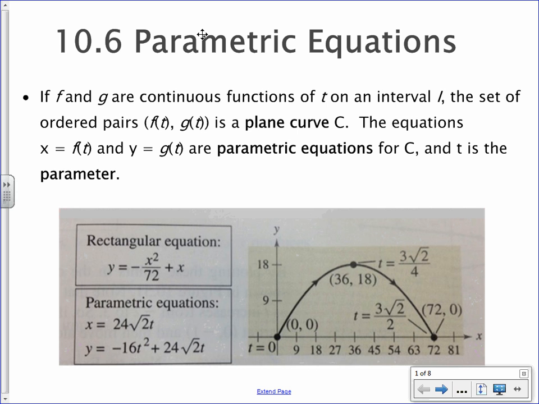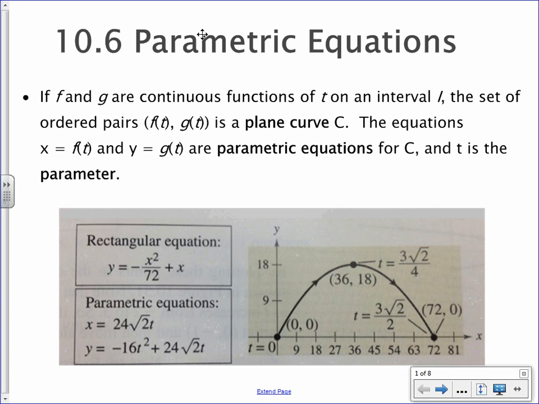But as we plug values in for t and increase our t values, we're going to get some sort of curve. As t gets bigger and bigger, we plot those points, and we put little arrows signifying the orientation of our curve.